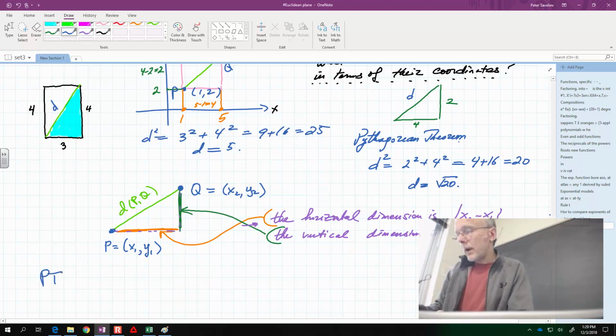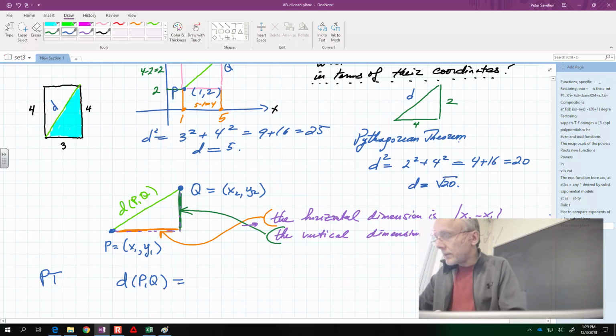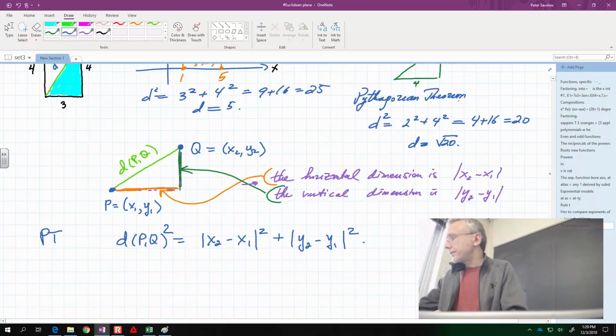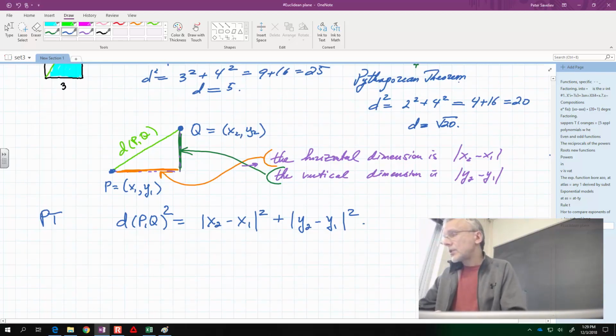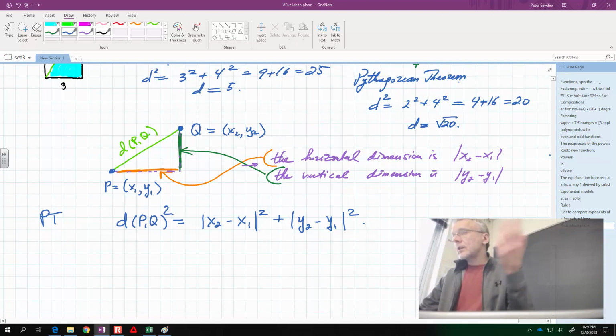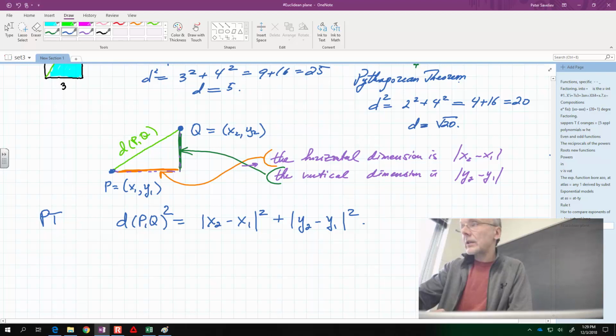So the Pythagorean theorem tells us that dPQ squared is equal to the sum of the squares of these. So x2 minus x1 squared plus y2 minus y1 squared. Which almost does it.